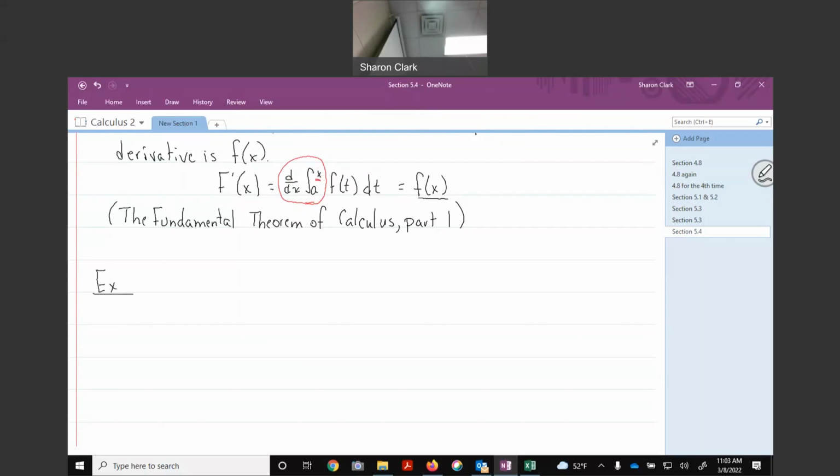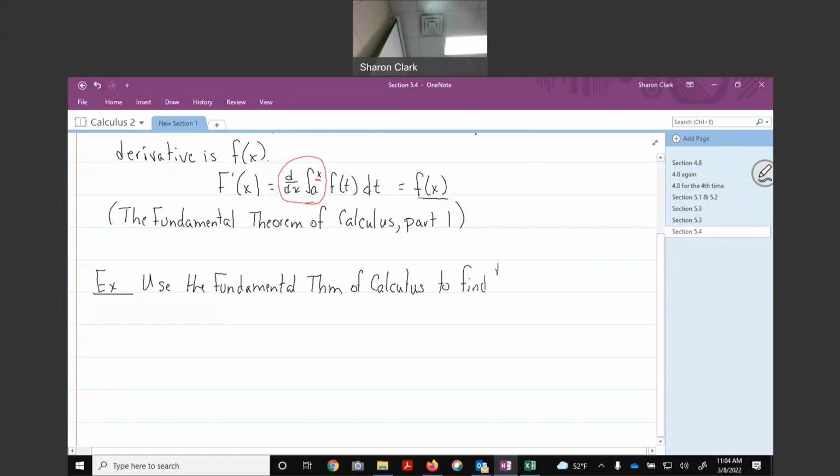Okay, so it says use the fundamental theorem of calculus to find dy/dx if a. We've got y equals the integral from a to x of t cubed plus 1 dt.